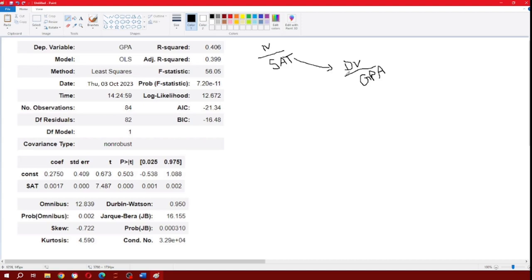With this test, what we intended to do is first see the correlation between SAT scores and GPA, then predict GPA based on given SAT scores, and then also see if that relationship is statistically reliable or not.